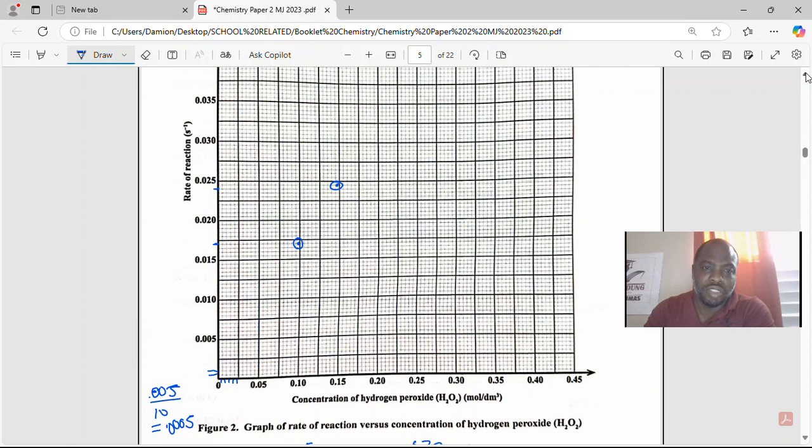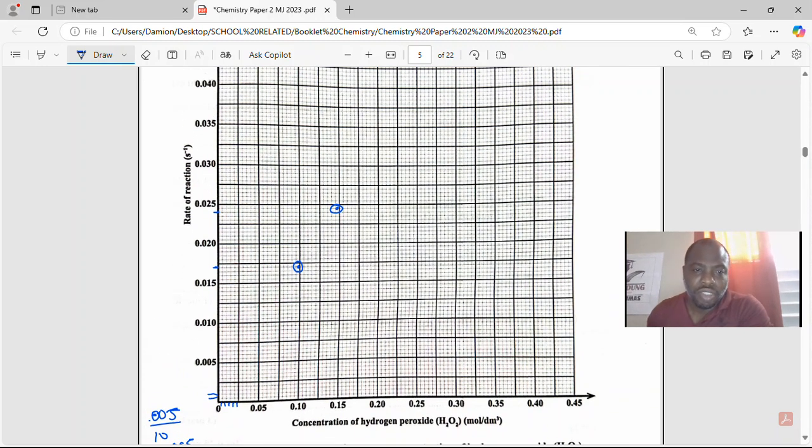So I need to count 64. We already know this is in 10s. So 10, 20, 30, 40, 50, 60, and we say 64. And which point is this at? Point 2, concentration.